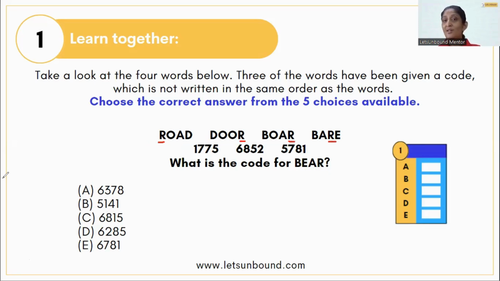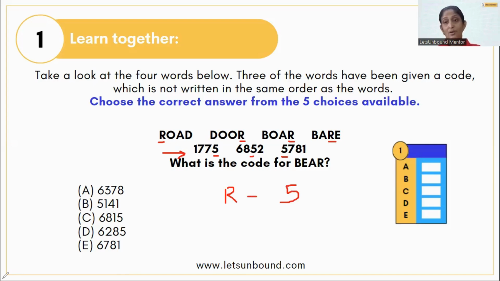So that means in all the 3 codes given here, we need to have R. We can very easily see that 5 is there in all the 3 number codes, right? That means R has the code 5.